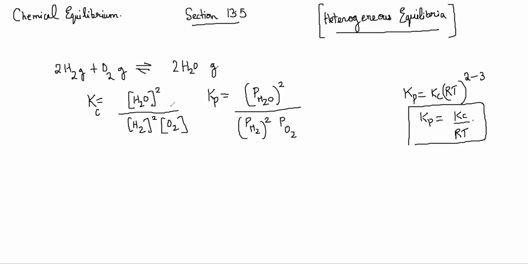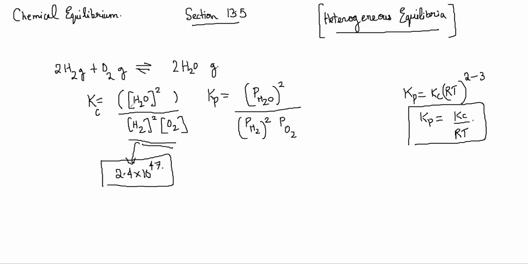Now, in this case, when you do the experiment and find out the equilibrium concentrations, it turns out that the equilibrium constant becomes very large, 2.4 into 10 power 47. That means that at equilibrium, the numerator is so much bigger than the denominator.